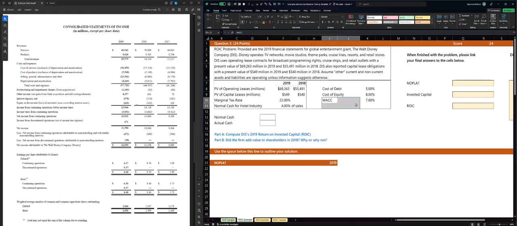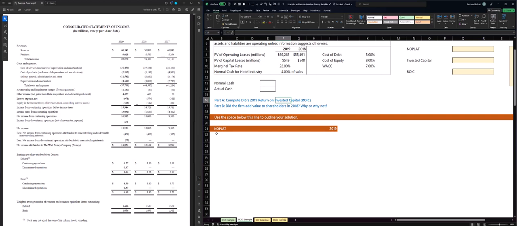Because this is your cost, this is what you make money for, right? So you want to compare this ROIC and the WACC, whether they made a positive return after cost.